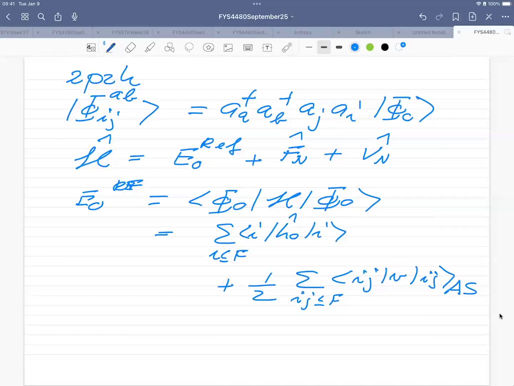Then, when we have defined a new vacuum, we rewrote the Hamiltonian in terms of a Hamiltonian which is normal ordered with respect to the new vacuum. And the one-body operator, this F of n, is something which we rewrote as a sum over all the single particle states, with the integral over an operator F, which we are going to define again here.